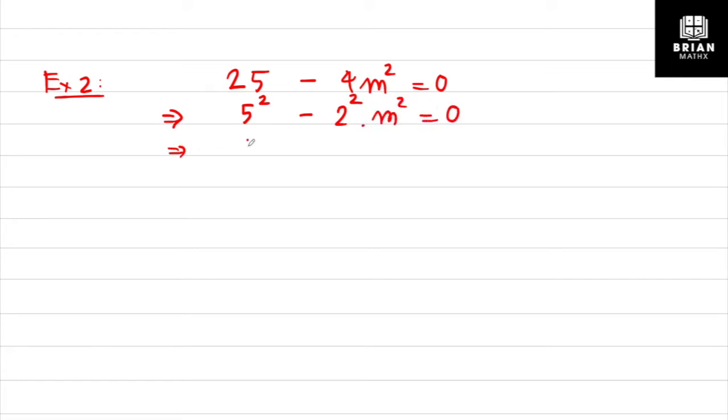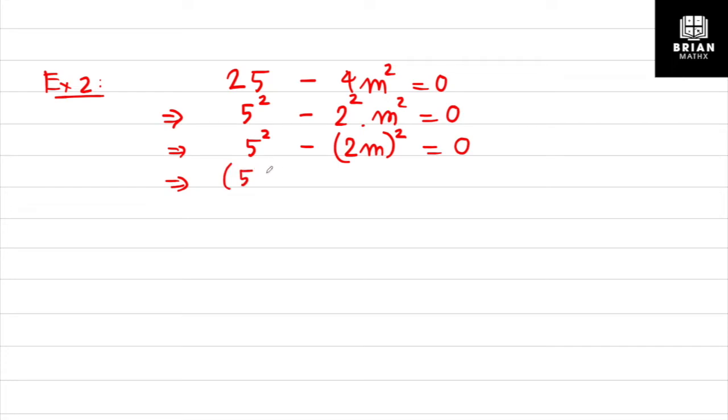I want you to combine 2 squared and m squared here into only one square form. So 2m, I put it inside the bracket, and you will have the square outside. After this, you have the difference of squares form, 5 squared minus 2m squared. And I want to factorize here, very easy.